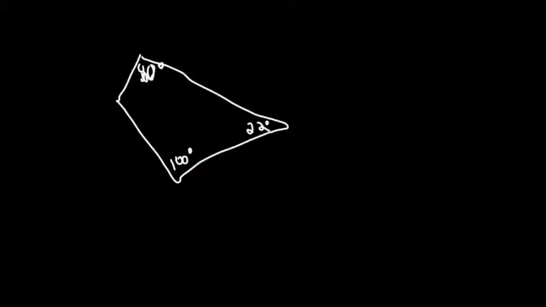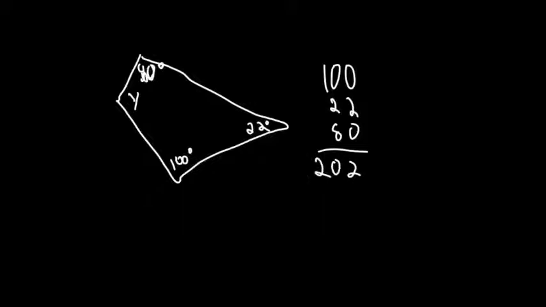Alright, so here I have another quadrilateral, and I have degree measures of 80, 100, and 22. So first step to find that missing one, y, would be to add up what I already know. So I have 100, 22, and 80. So add that up, I get 202.